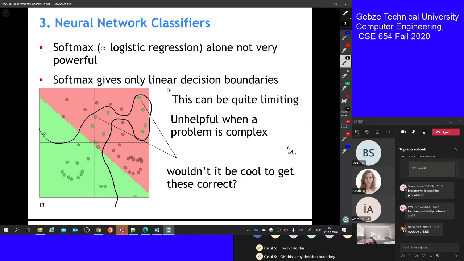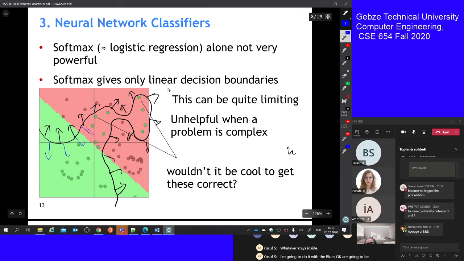Whatever remains above this line is going to be the reds. Whatever stays inside, I'm going to do it with the blues, okay, are going to be greens.